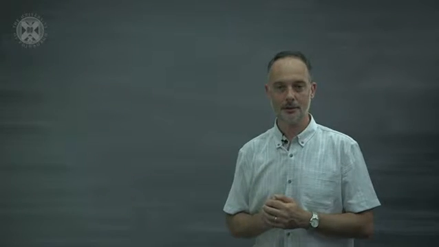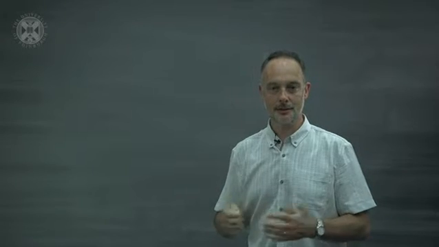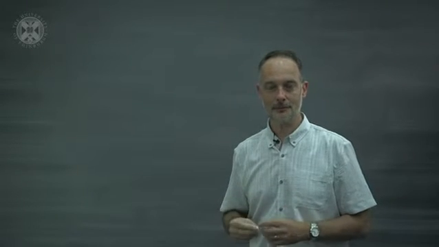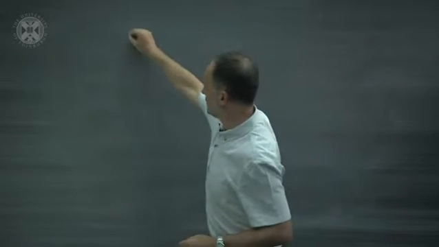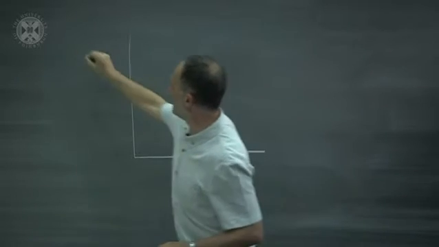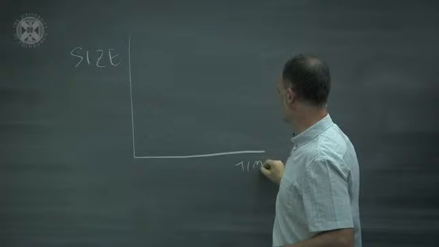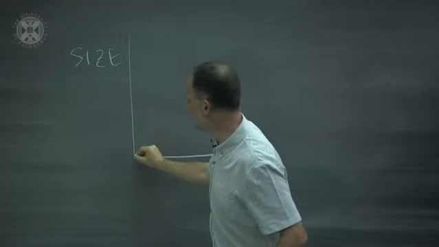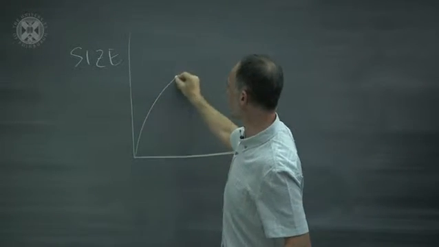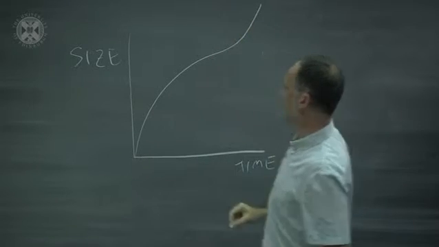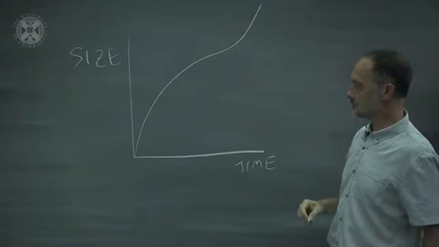Right, so now we can apply this to rewrite our suggestion for the expansion history of the universe. Once again, we had size versus time. The picture I showed you before was the Big Bang merging, decelerating, accelerating as dark energy gets a grip.